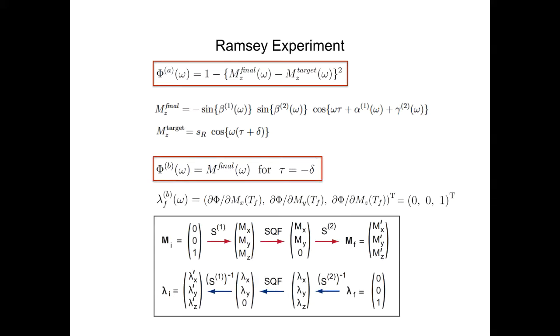Okay, so here we can now define a figure of merit. So in the end, we would like to have the Z magnetization as a function of omega as close as possible to some target function. And usually it's just a cosine modulation, so-called Ramsey fringes. If you have ideal pulses, delta pulses, everything is perfect, you get nice cosine modulations.